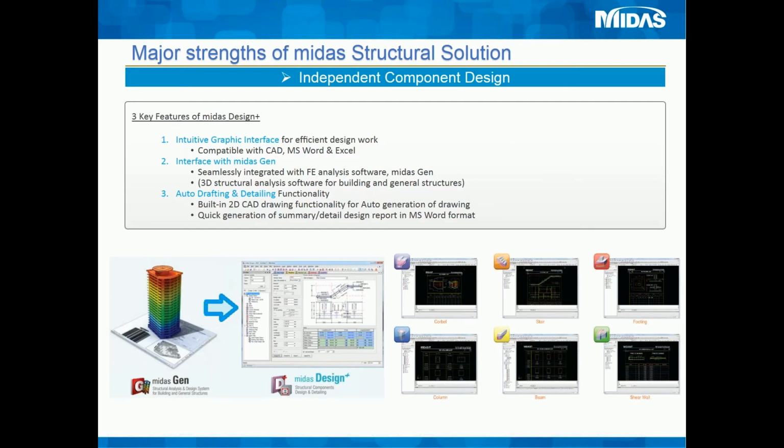Now the results from MIDAS Gen can be taken further by linking with MIDAS Design Plus, and further we can design bolted connections, base plates, beam plus column design check, then crane girders, web openings, stairs, as well as purlins and girts.